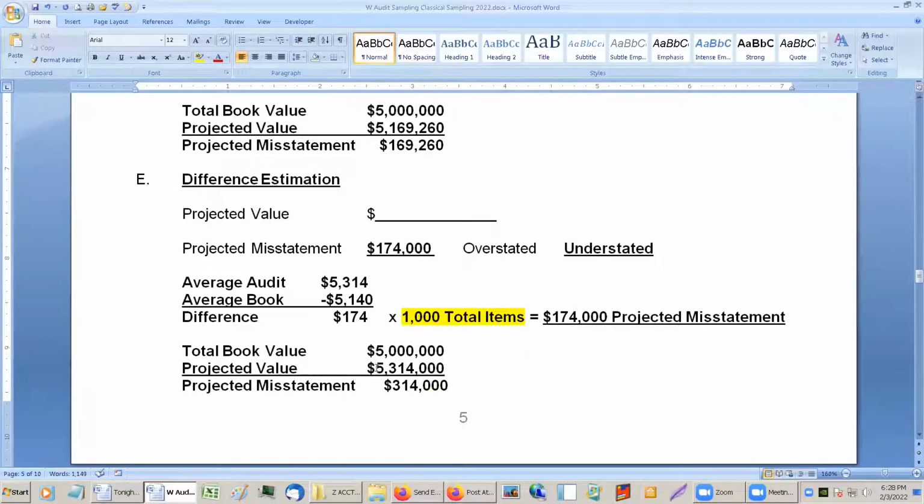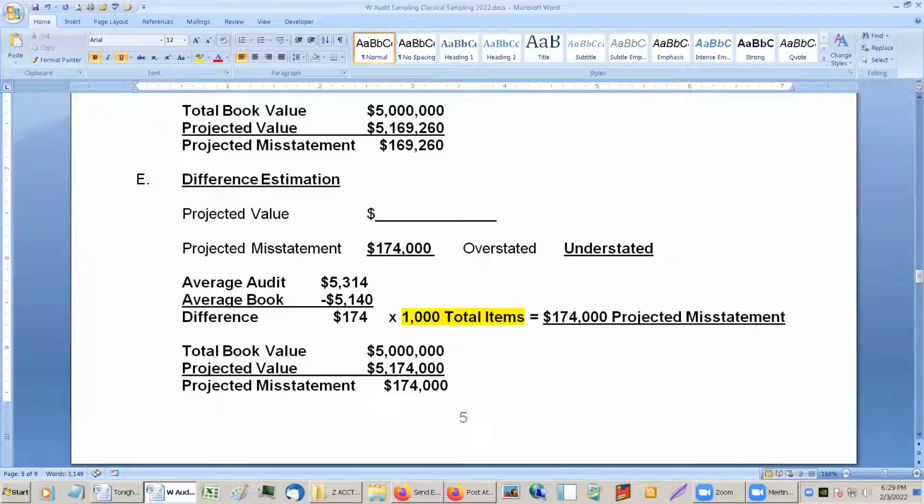So what we're saying here is, we don't know what this is right now, but we know that it's misstated by 174. So the projected value must be what? Let's use numbers: 5,174,000.